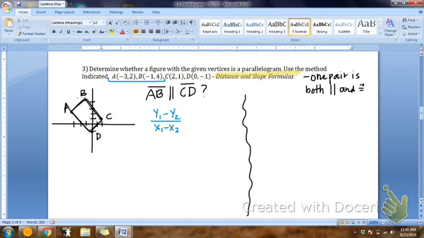The way that I would organize my paper is this. The slope of AB. And then down here I'm going to check the slope of CD.